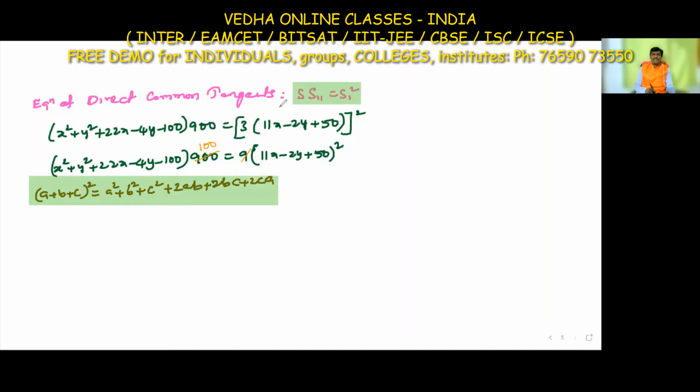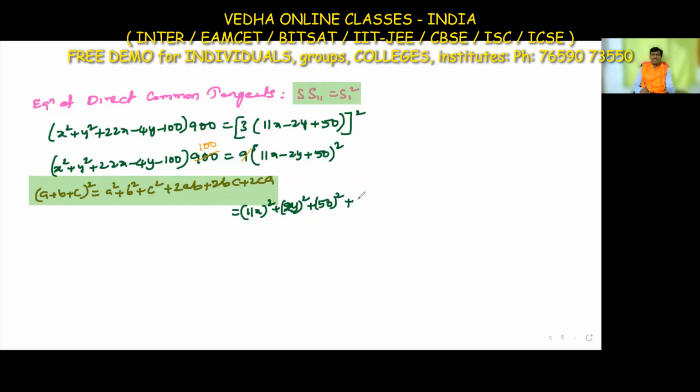If you apply the same formula here, 11x whole square is a square, plus b square, that is minus 2y whole square, which becomes plus only, 4y square, and c square, that is 50 whole square.